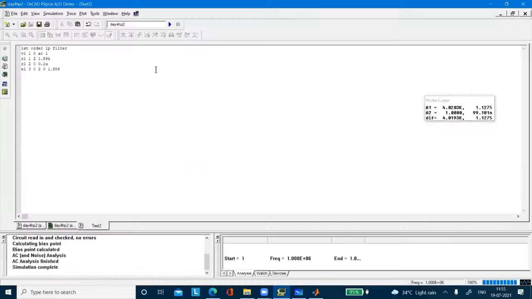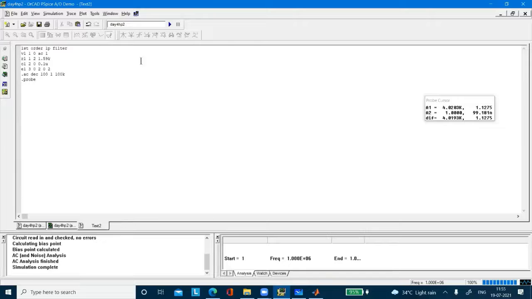Okay, 1.586. Can we take 2? Okay, take 2. Then dot AC, then decade for log scale, then number of test points 100, then start frequency 1, stop frequency say 100 kilohertz, then dot probe.